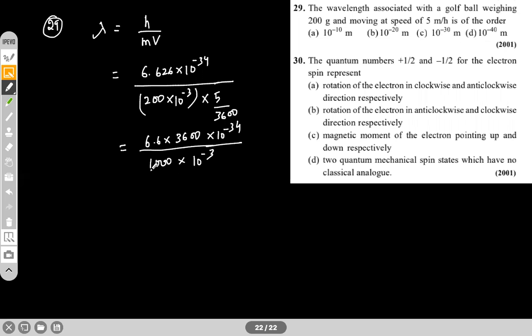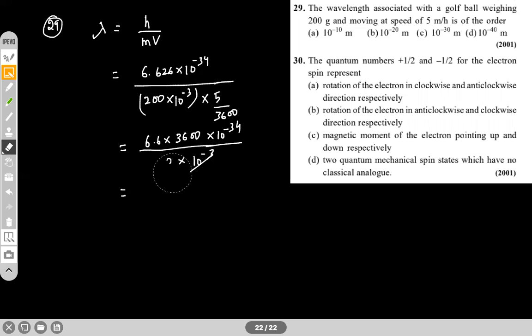If you solve this, this will cancel out. So we have 1000 into 10 to the power minus 3.